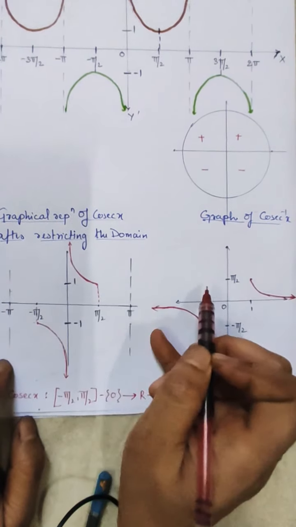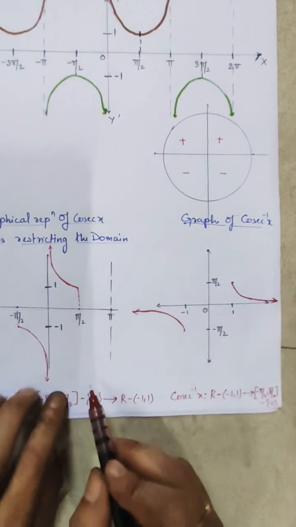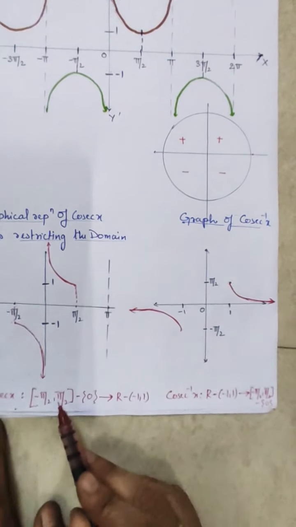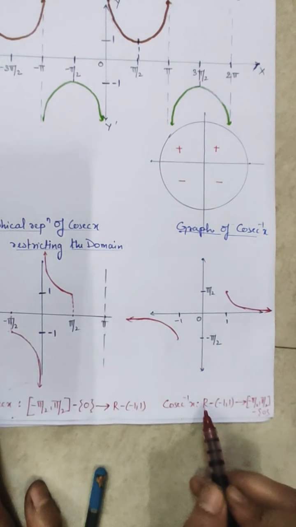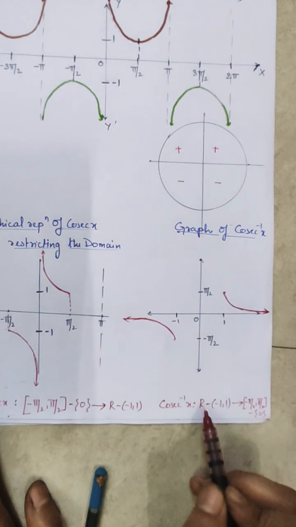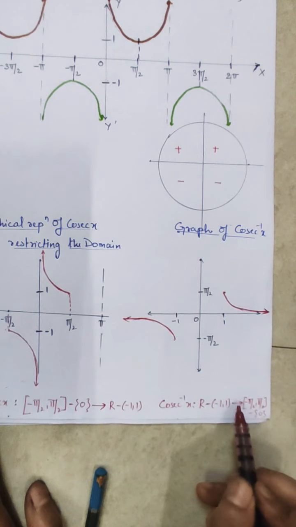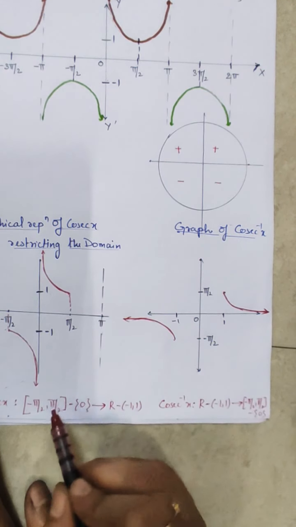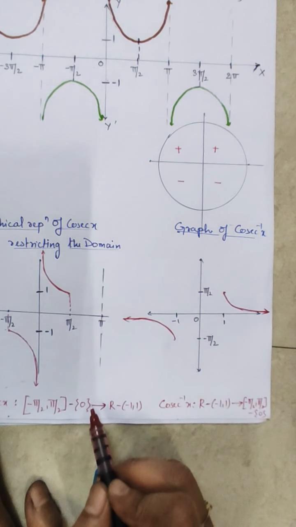And for the mirror image cosec inverse x, you just write the reverse order of this mapping. The domain is all real numbers minus the open interval minus 1 to 1, and the range will be minus pi by 2 to pi by 2 except the 0 radian.